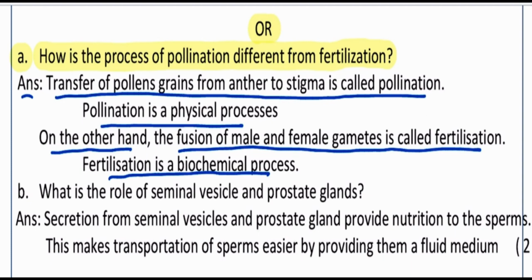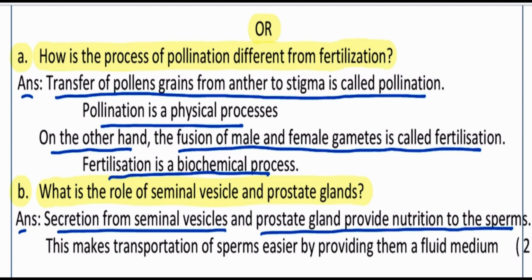You can make 2 columns about pollination and fertilization and present it cleanly. Then you can get full marks. Next, B question. What is the role of seminal vesicles and prostate glands? Answer. Secretion from seminal vesicles and prostate glands provides nutrition to the sperms. This makes transportation of sperms easier by providing them a fluid medium.